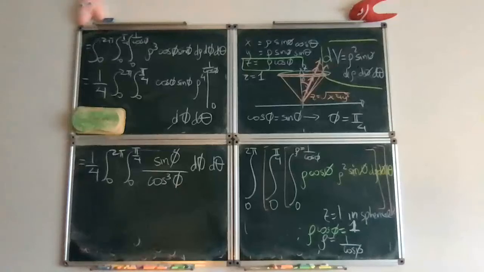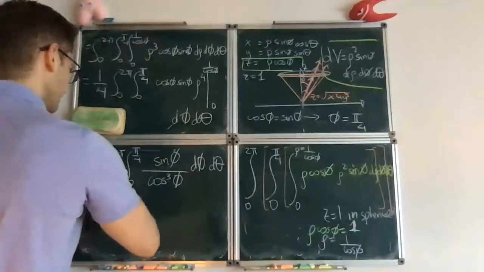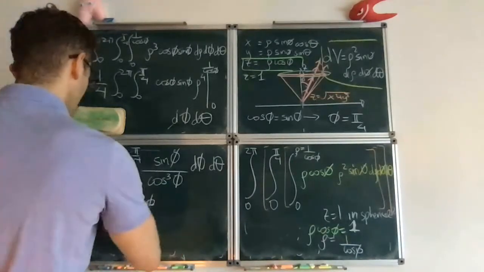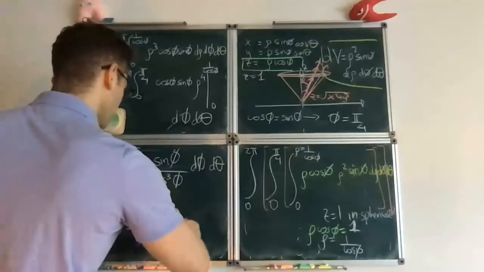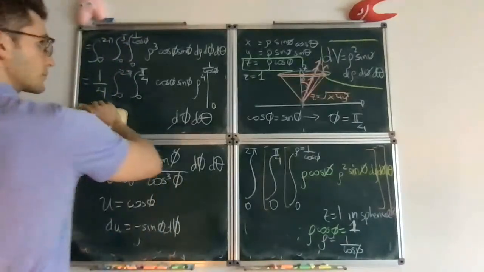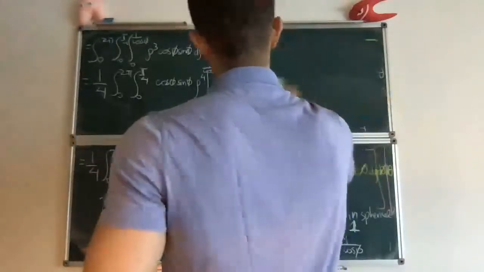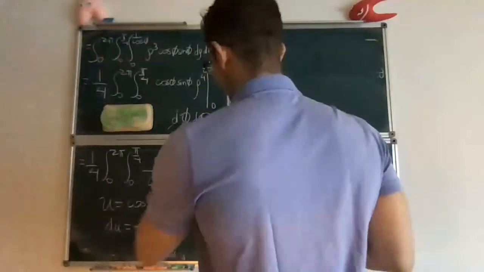Okay, and now how would you do that integral? You would make a substitution. So if you make u equals cosine of phi, then du equals minus sine of phi d phi. Let's just do the indefinite integral if you prefer.